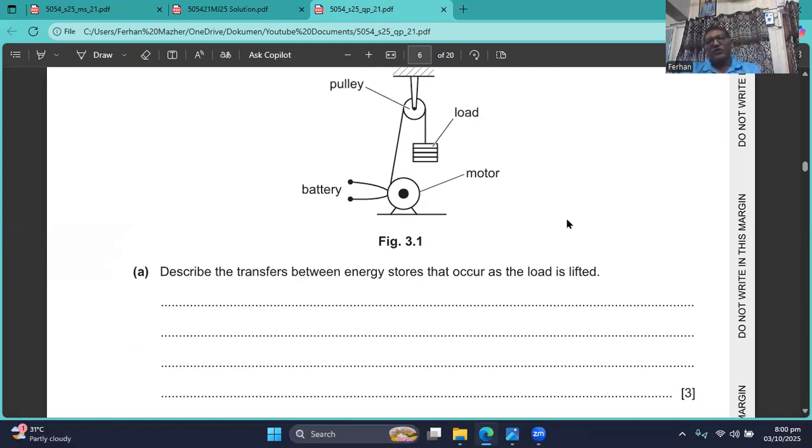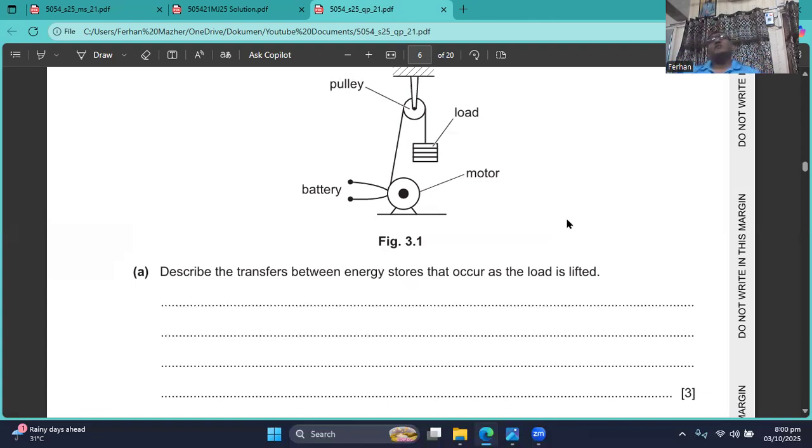As you are lifting the load, the battery has chemical potential energy that converts into electric energy. And in the motor, that electric energy converts into mechanical energy, and some heat is also produced due to the flow of charges in the electric motor.